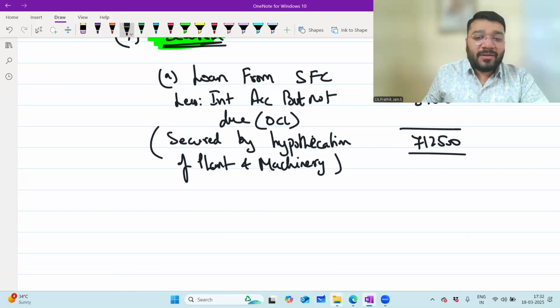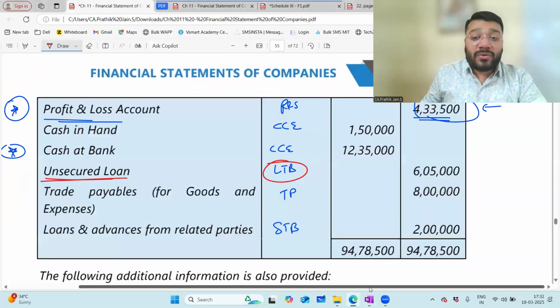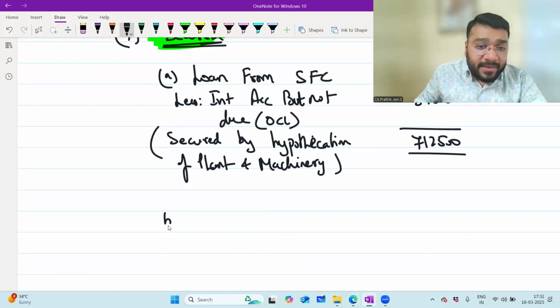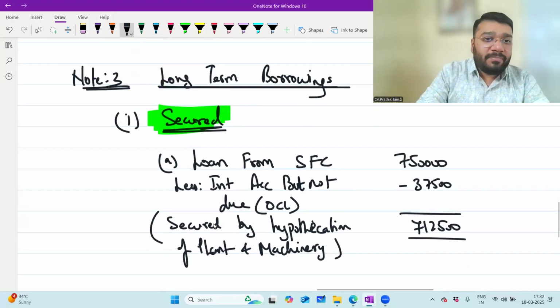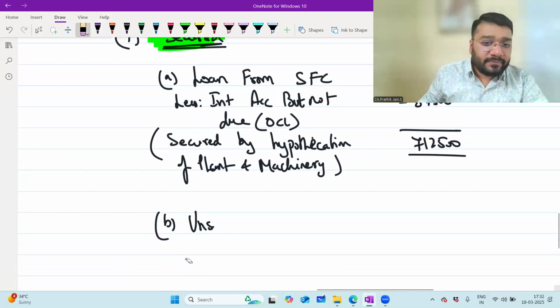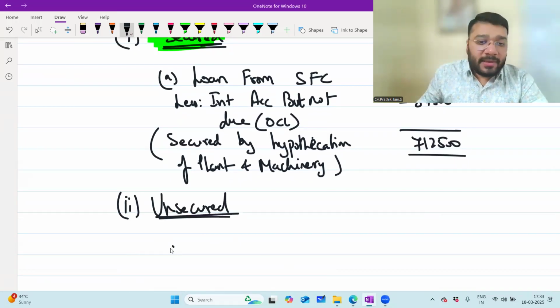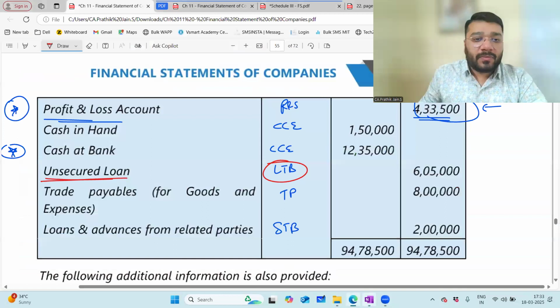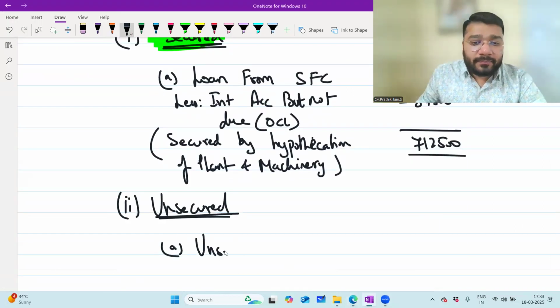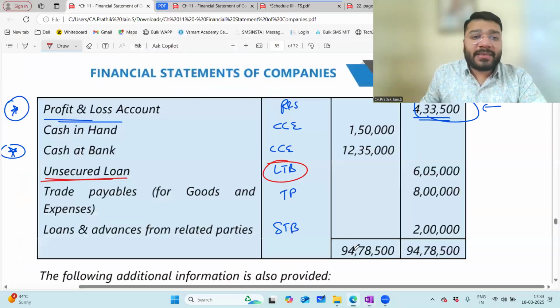B. Now unsecured loan. So now another category. Not B, it is second category. Sorry. 2. Unsecured. Under that A. Unsecured loan. Any breakup given for this?